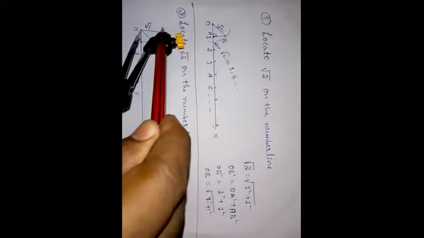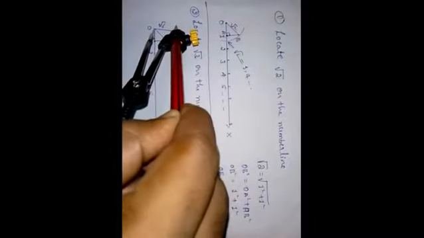So to find the value of root 3, take OC as a radius by using your compass, and then draw the arc which intersects the number line.